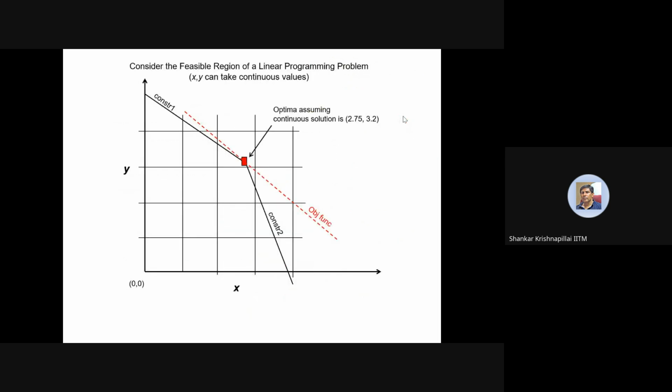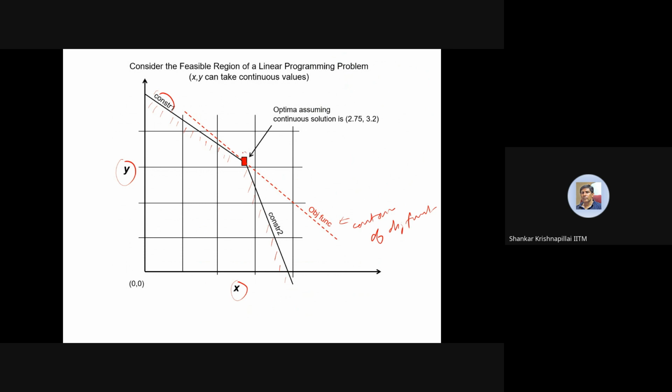So consider the feasible region of a linear programming problem where x and y can take continuous values. This is x, this is y, this is the feasible region of constraint 1. This is the feasible region of constraint 2. This is the contour of the objective function.